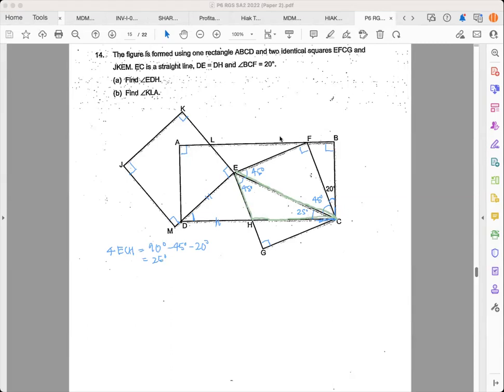So let's find this angle. Angle EHC will be equal to 180 minus 45, this one, minus 25, you get 110. So this is 110.